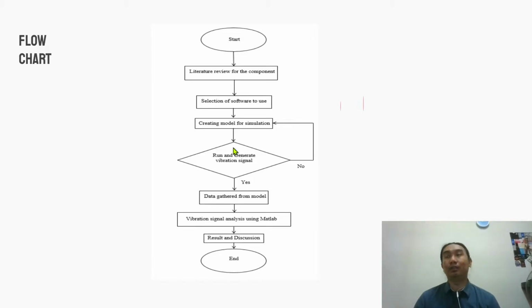If the signal is not good, then we go back to the experimental setup. If the signal is generated and good, then we go to the data gathered, and then we move on to the vibration signal, then result and discussion, then end.